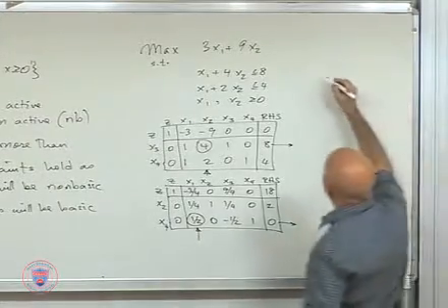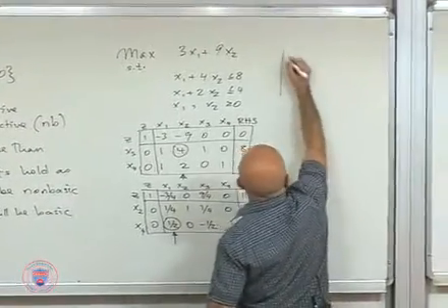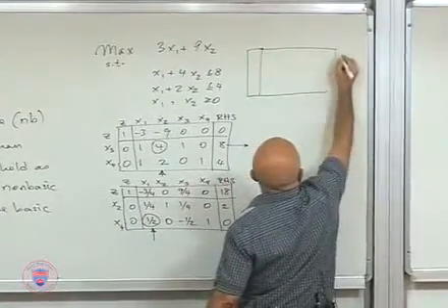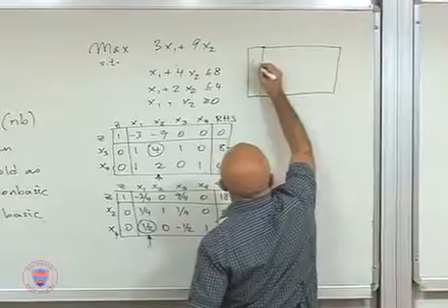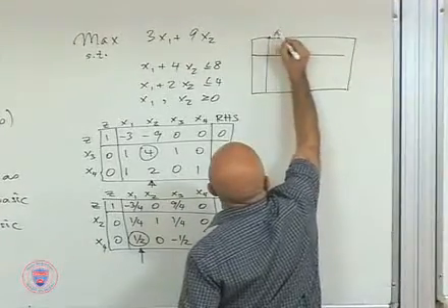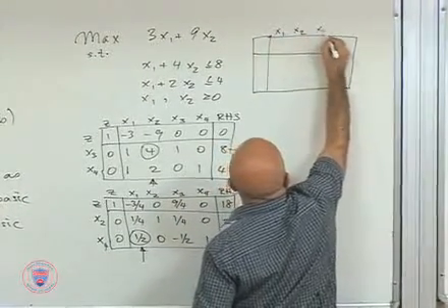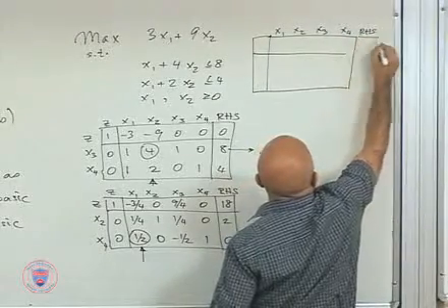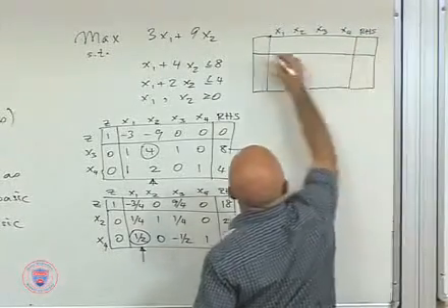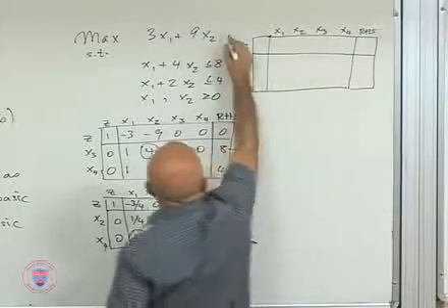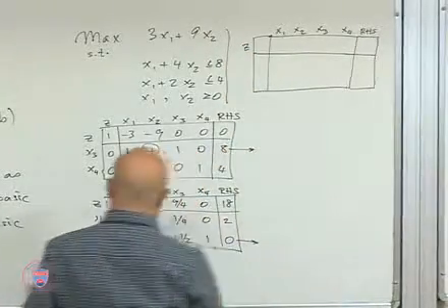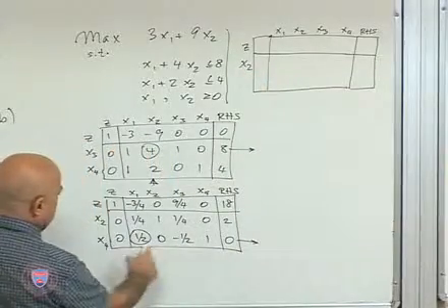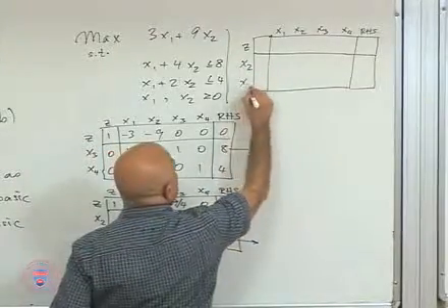Let me write it here. The new tableau will be x2 stays. x4 is replaced by x1 now.